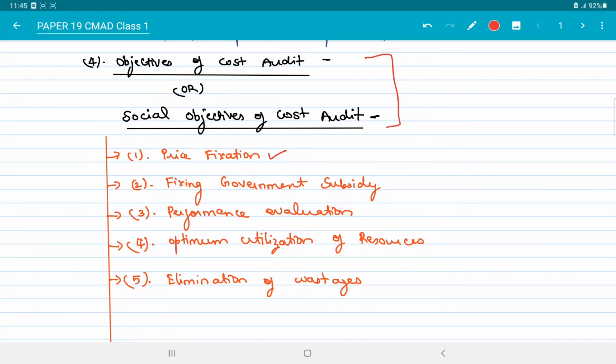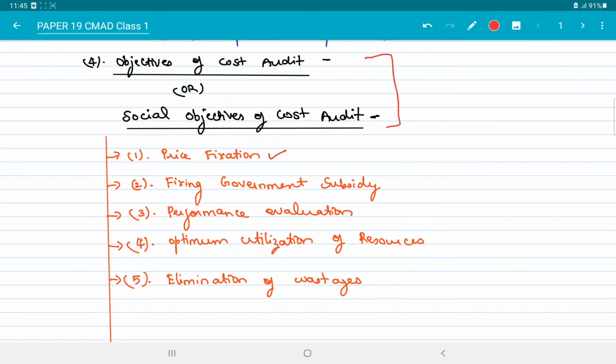Then fixing government subsidy. There is money or cashback given by the government. How they are considered while computing the cost of a product is very important. So cost audit plays a major role in fixing the government subsidy and fixing the cost of a product or services.